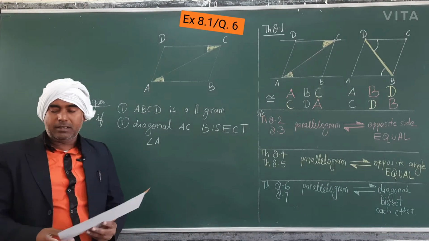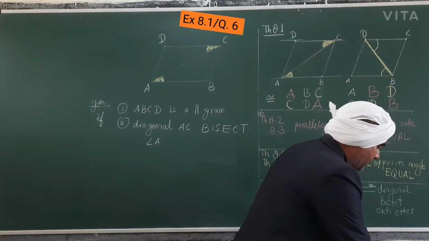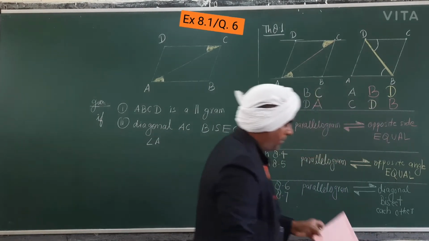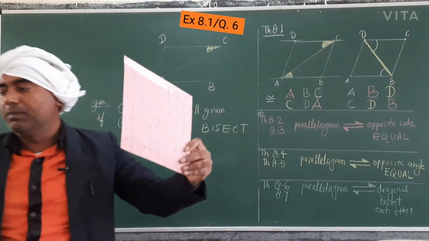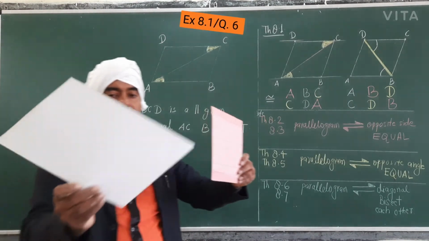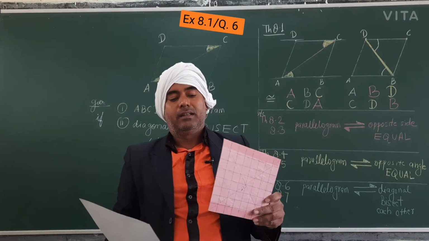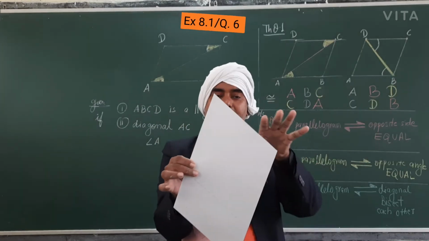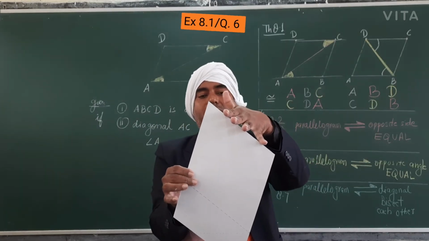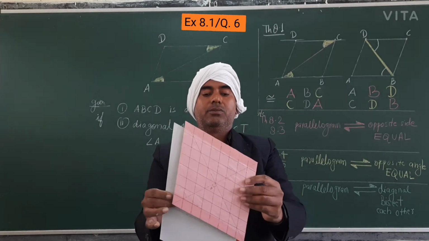So for that I have another rhombus based on this same figure. Actually this is the rhombus and this is your parallelogram. How will you confirm? Believe me? No. Are you able to see? Everybody can see, sir, this is the small side and this is the larger side.